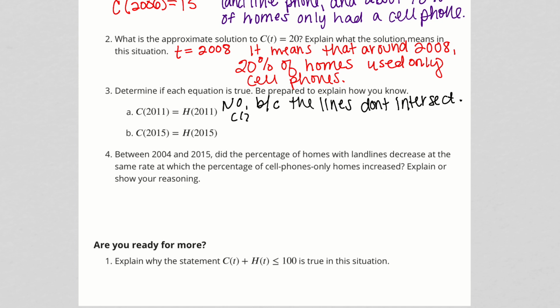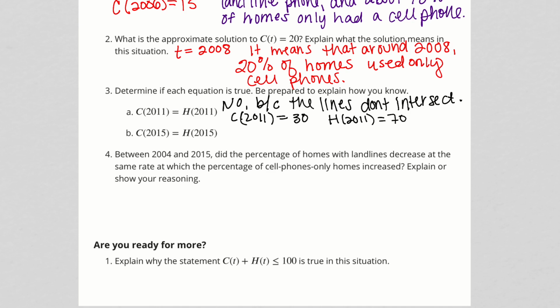C of 2011 is approximately 30%, and H of 2011 is about 70%. So clearly those aren't the same number, right?